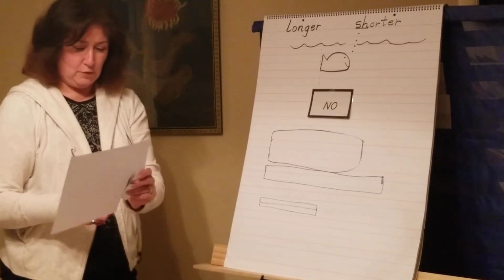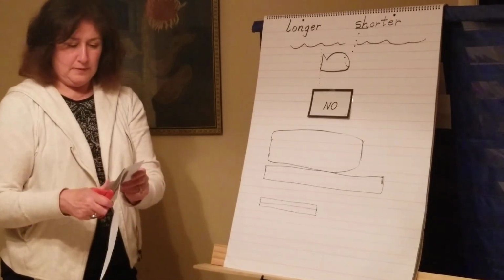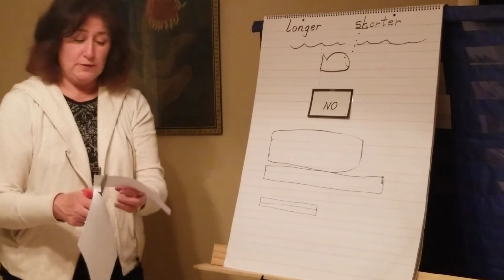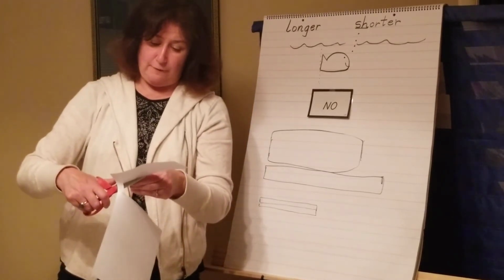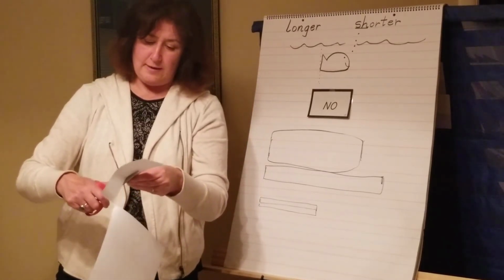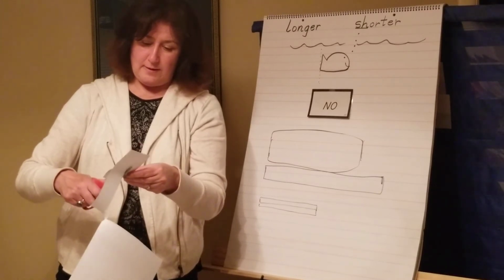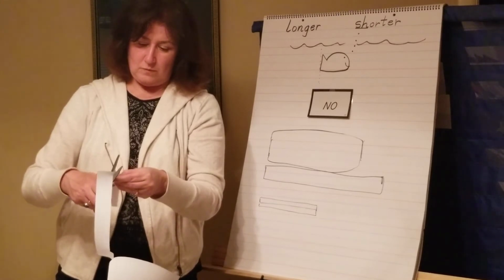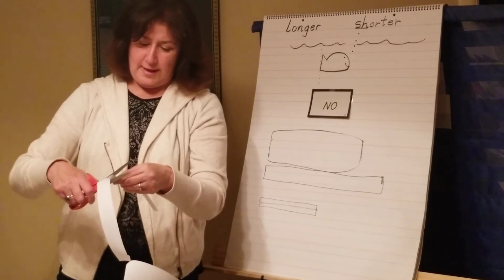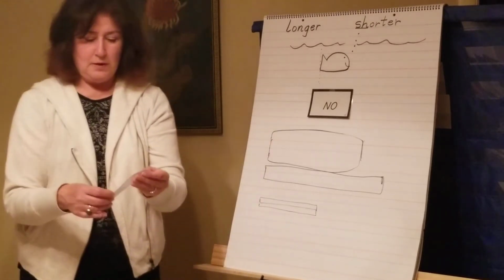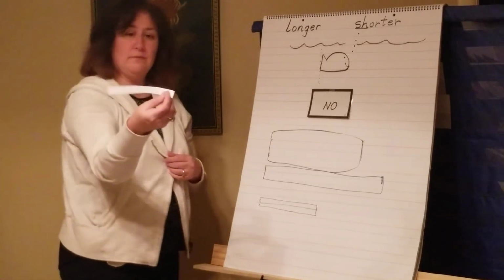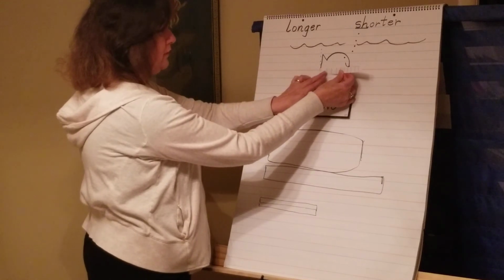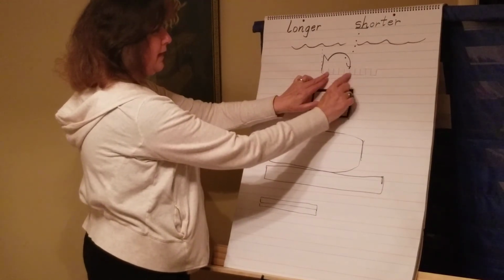Okay, so you can cut out the Unifix cube strip, and mom or dad could do this for you, or you can do it yourself if you cut very carefully. And then you can use those lengths of Unifix cube strips to measure just like we did, okay?